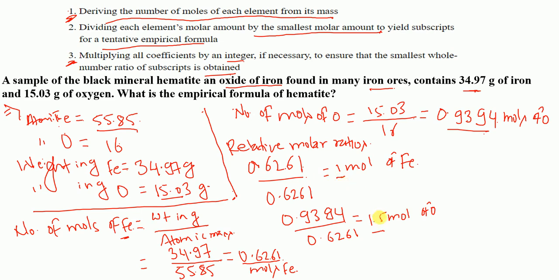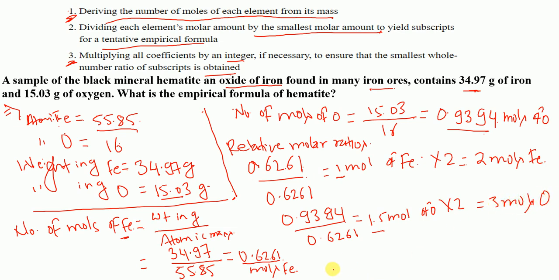So we have to multiply these: the 1 mole is also multiplied by 2, and the 1.5 is multiplied by 2. Then we get 2 moles of iron and 3 moles of oxygen.